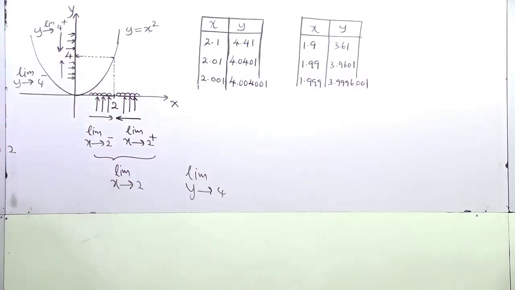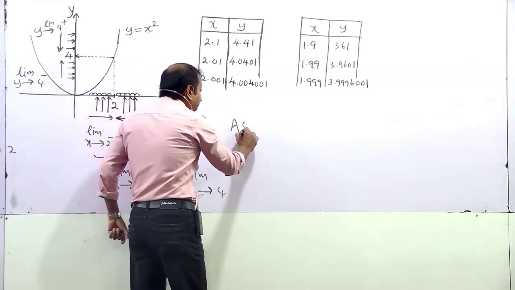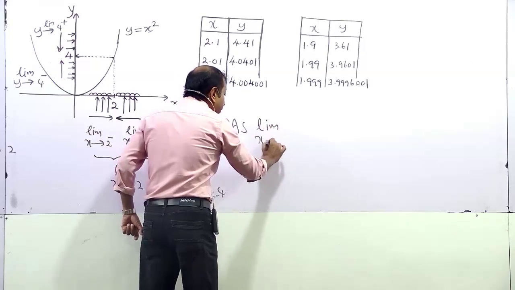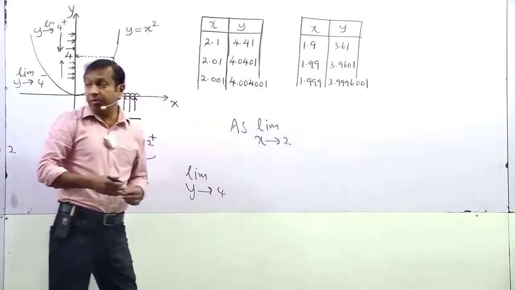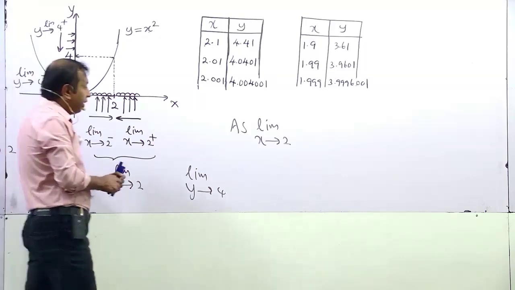Here we can write this and this together as lim x goes to 2. What do you mean by that lim? Limit means approaches, right? X approaches this 2 from both ends, right? We can write y approaches 4.